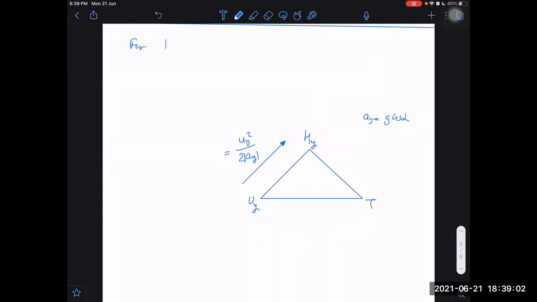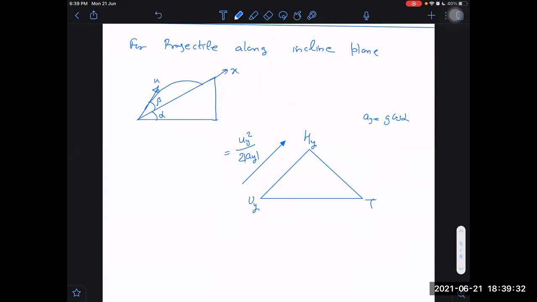For projectile along an inclined plane. Which projectile? This one. This is alpha, this is beta, u is falling in this way here.